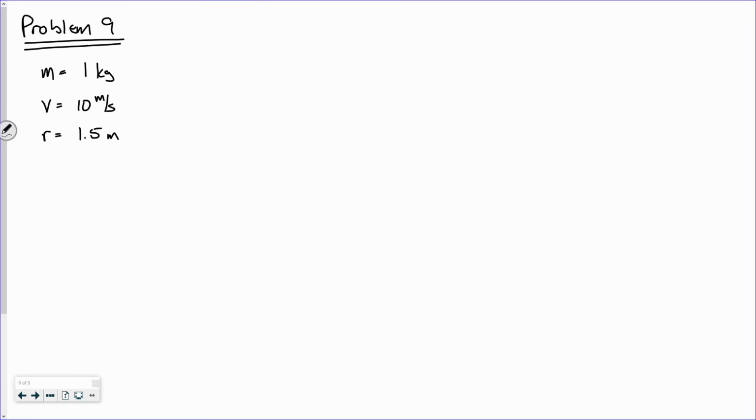All right, so this is essentially centripetal acceleration, and your force component. The formula is simple. It's just mv squared over r, and it's just plug and chug. 1 kilogram times 10 meters per second squared over 1.5 meters.